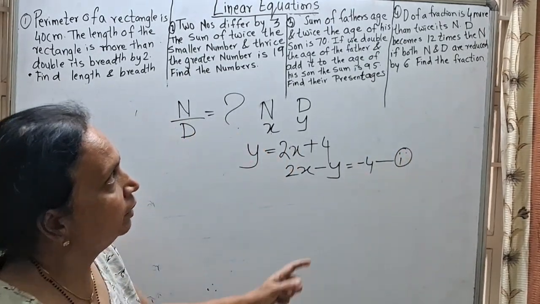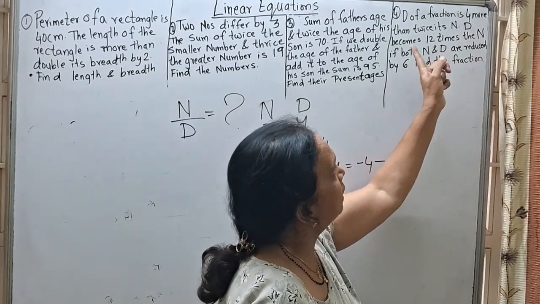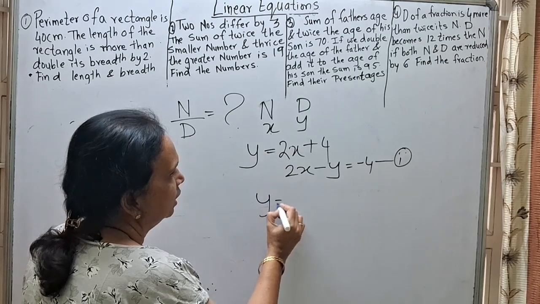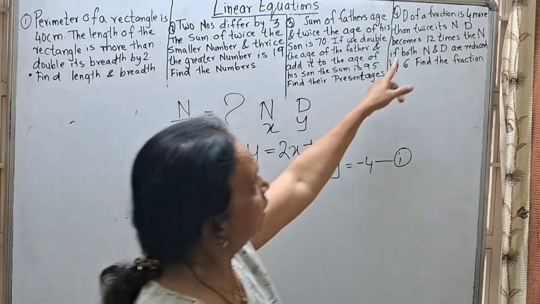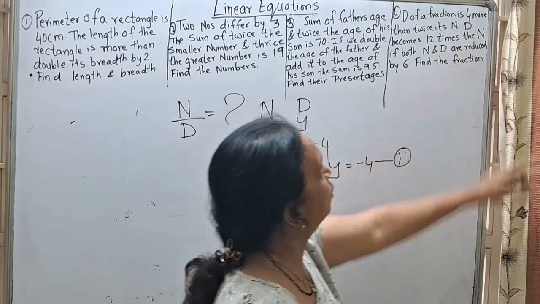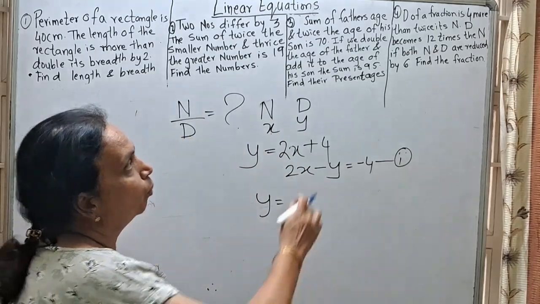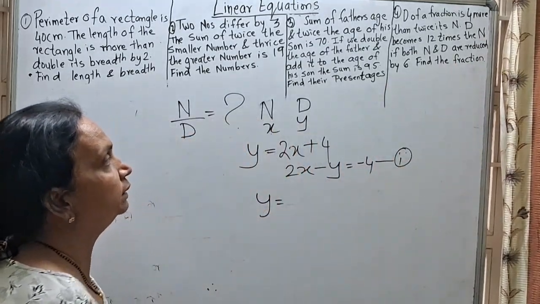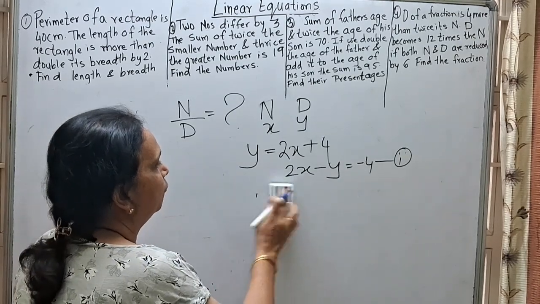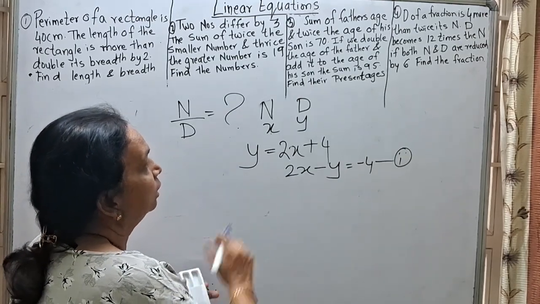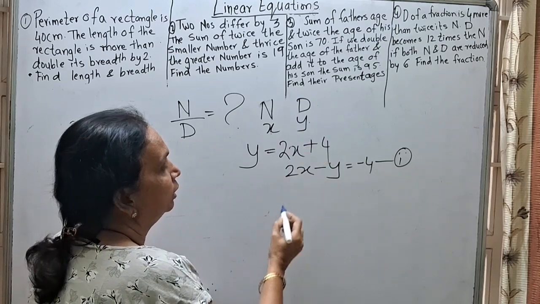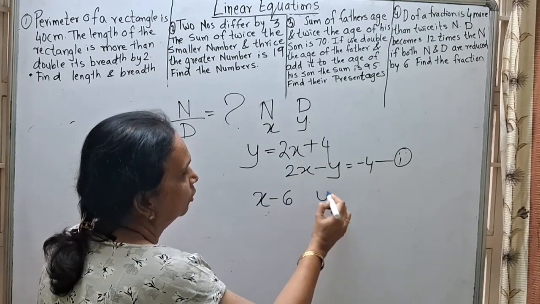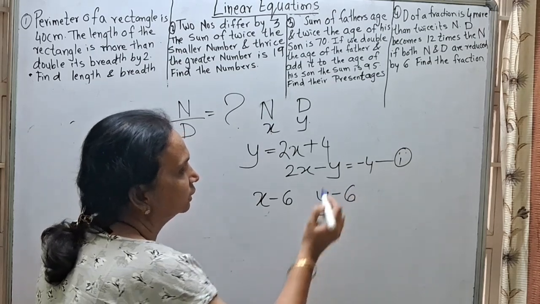Now we'll see the second condition. The denominator is y. It becomes, again equal to, 12 times the numerator if both the numerator and denominator are reduced by 6. But before that, we have to say that the numerator and denominator are reduced by 6, so it is x minus 6 and the denominator is y minus 6.